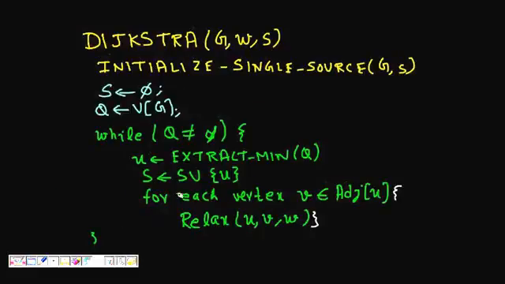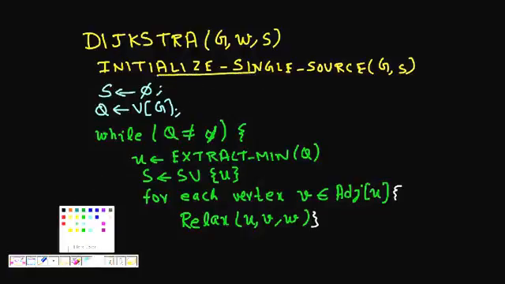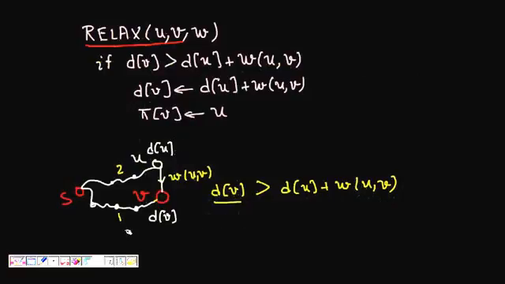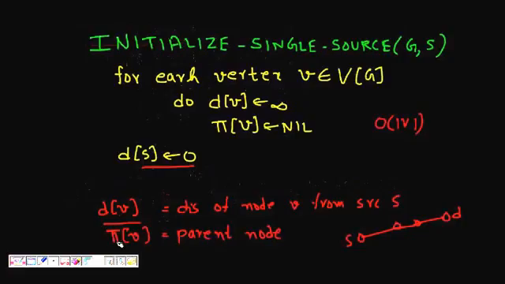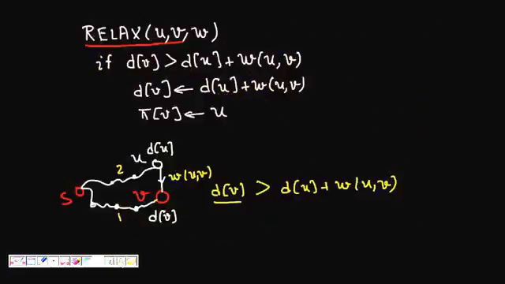Next is Dijkstra's algorithm itself, and it first initializes the single source shortest path, where we made the distance of all vertices infinity and the parent null, and at the same time we made ds as 0.